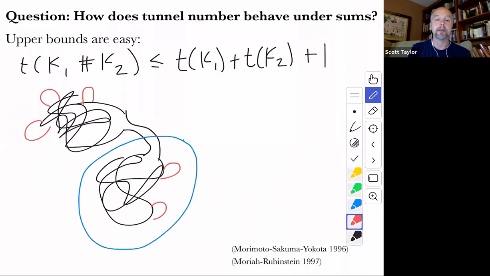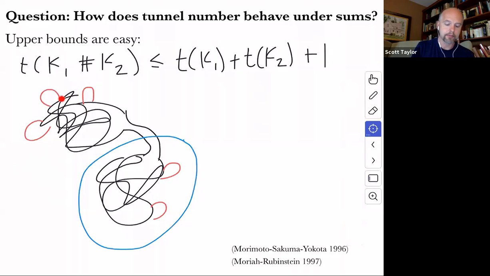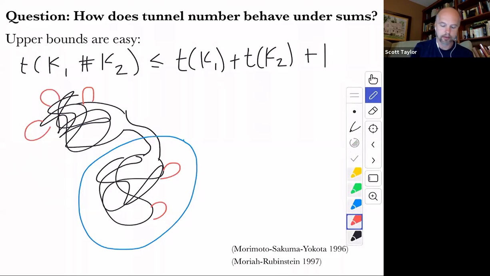I add those in, and I might think that I get a tunnel system for the connected sum. However, as I'm trying to do the edge slides and isotopies to turn this into something trivial, I might actually have to do an edge slide over the bit of the knot that I've deleted. So that says, okay, we possibly need to add in another tunnel like that so that I can slide over that bit of the knot.